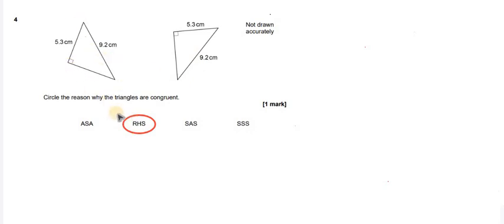So R, right angle, hypotenuse, and another side. Okay? Please, it's not SAS, it's not two sides and an angle. Two sides and an angle is when you have two sides, and the angle you have is in between the two sides. Okay? It's not two angles and a side, you don't have two angles shown. Okay? And it's not three sides because you don't have three sides.